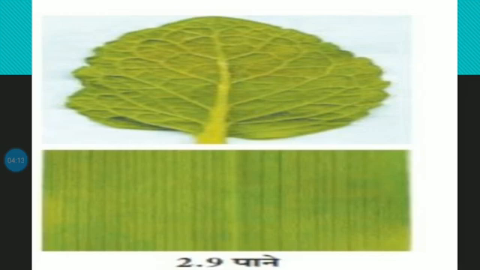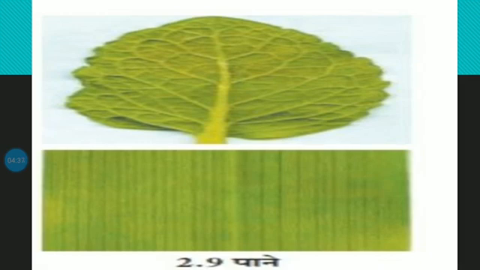Second one is the leaf of maize, jowar, etc. The peepal leaf is divided into two equal parts by a single mid vein, which lies along the midline of the leaf blade.